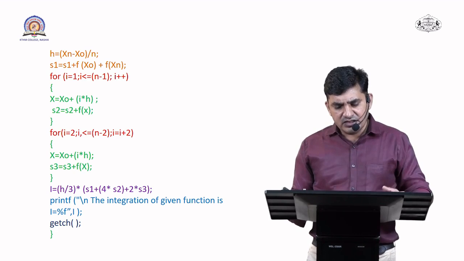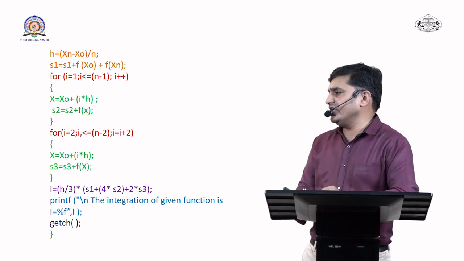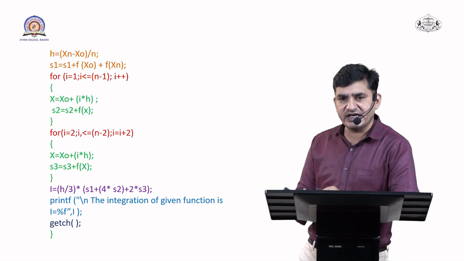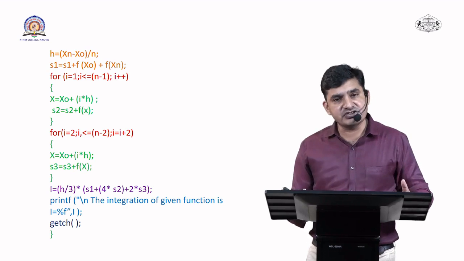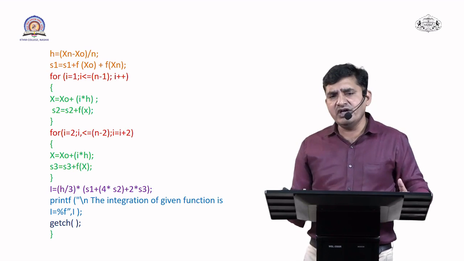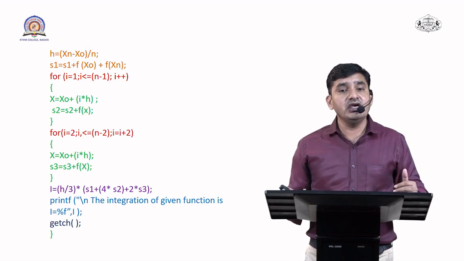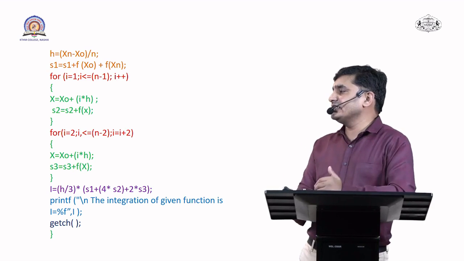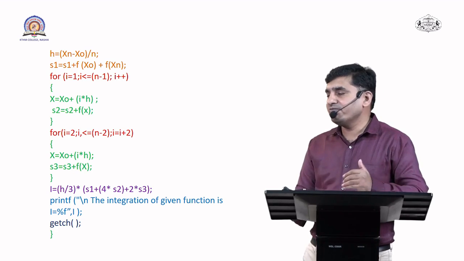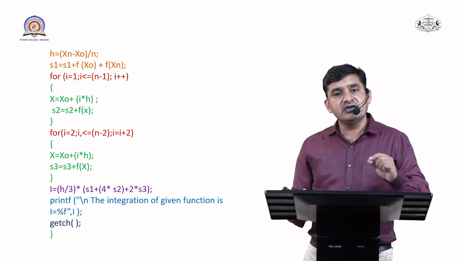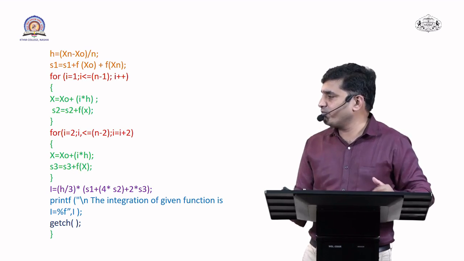Now we have to enter the upper limit. For that, the message displayed on the screen is enter the value of xn by using the output function printf, and now we enter the value of xn by using the input function scanf. Scanf %f, because xn is floating point.